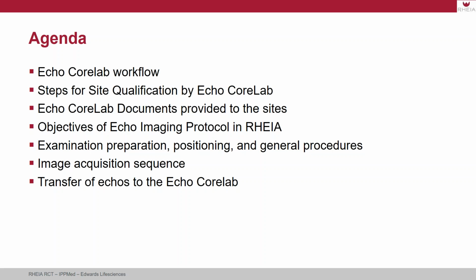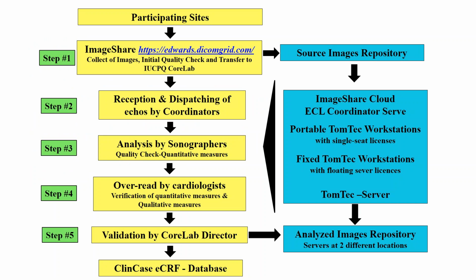So what you see here is the workflow of the core lab. The images are transferred to the Echo Core Lab from the sites by the Ambra Healthcare image share platform. And then we have a reception of the echoes by the coordinators, which are then dispatched to the sonographers for analysis and measurements of the quantitative measures. There is then in step 4 an overread by the cardiologist.